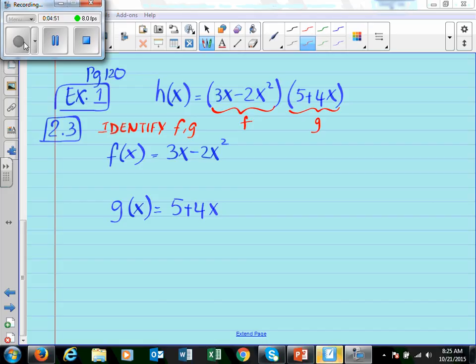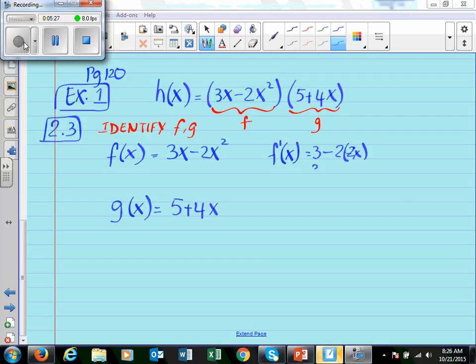So f prime of x: get the derivative of this. The derivative of 3x is 3 times the derivative of x, which is 1, so 3, minus the derivative of 2x squared: 2 times the derivative of x squared, which is 2x, so 4x.